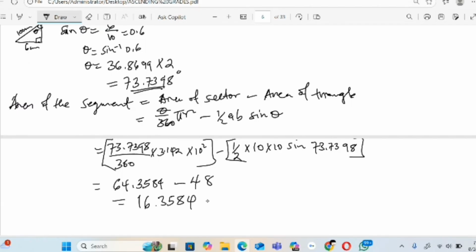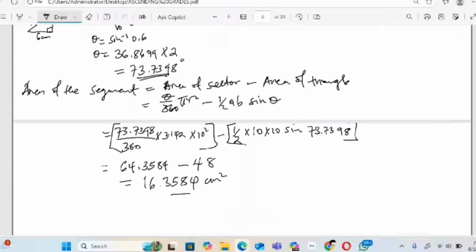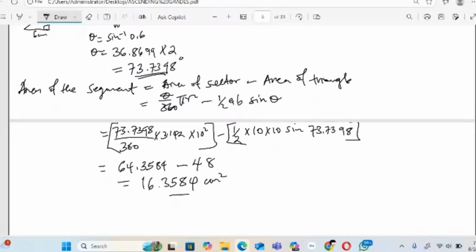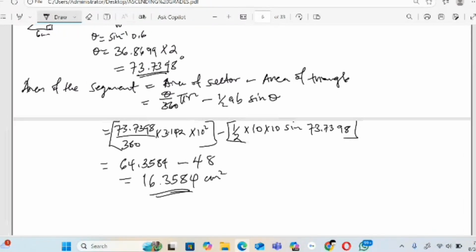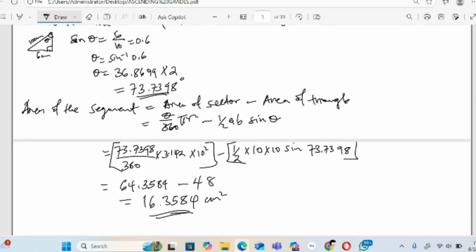So that is how you arrive at your final answer, which is the area of the segment or the shaded region in that diagram. So it is that simple and clear, as you can see on your screen.